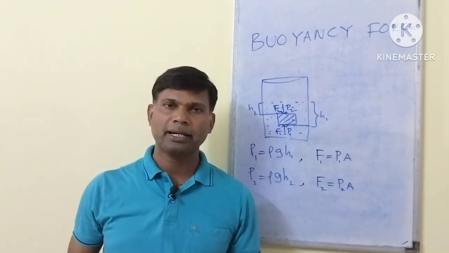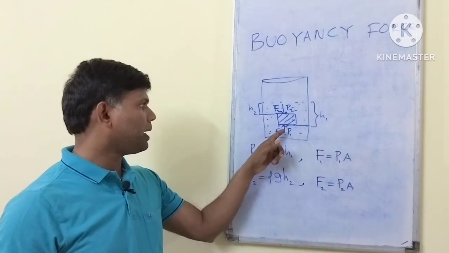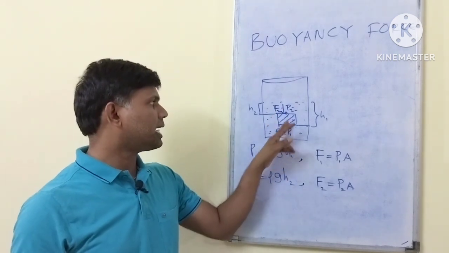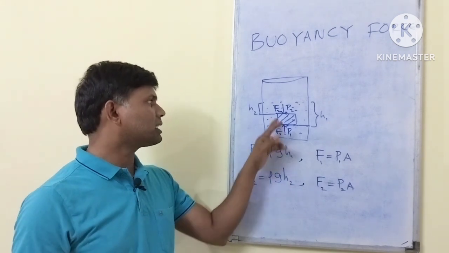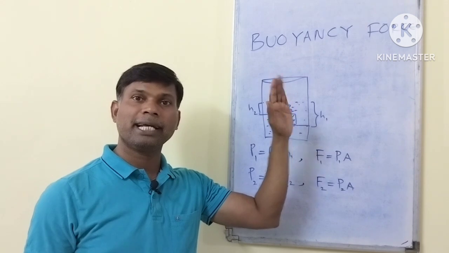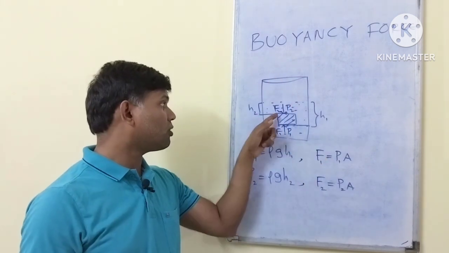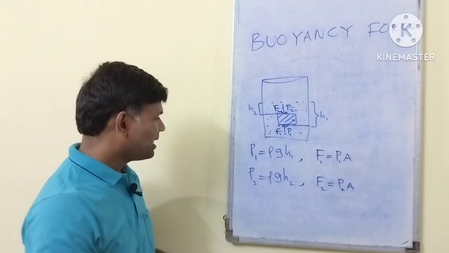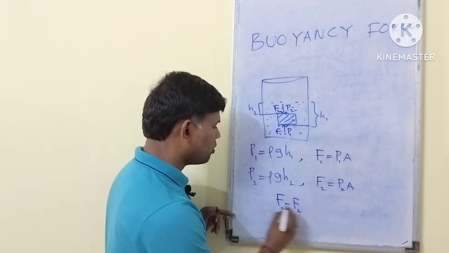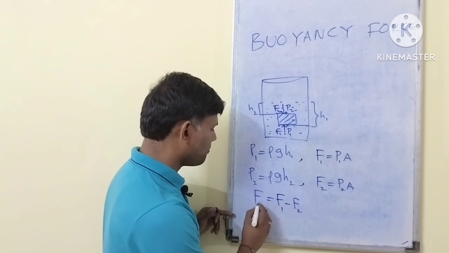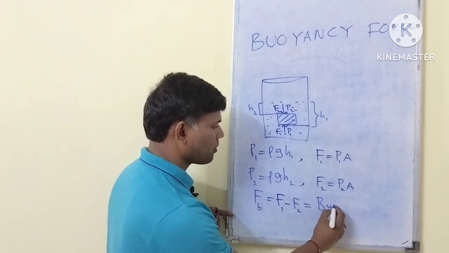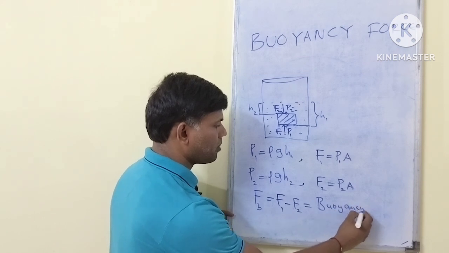Because P1 and P2 are different, F1 and F2 are different. The net difference in force, F1 minus F2, is equal to FB, that is the buoyancy force.